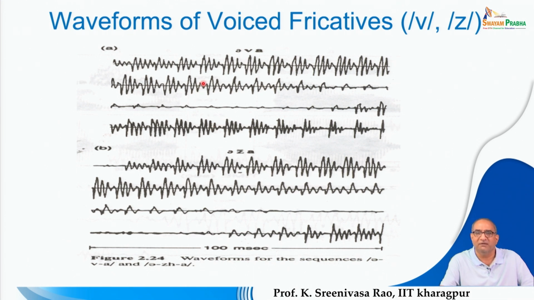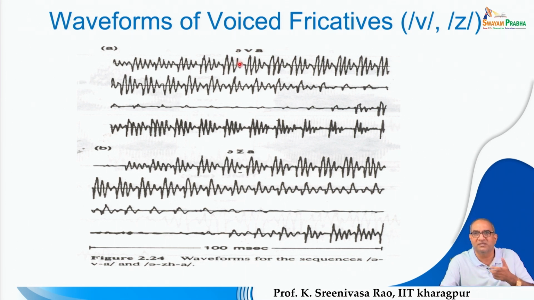In the same way, these voiced fricatives are recorded by keeping the vowel at the front and after the fricative, like you say eva and eza, so by keeping the fricatives in between. Then you record the word.